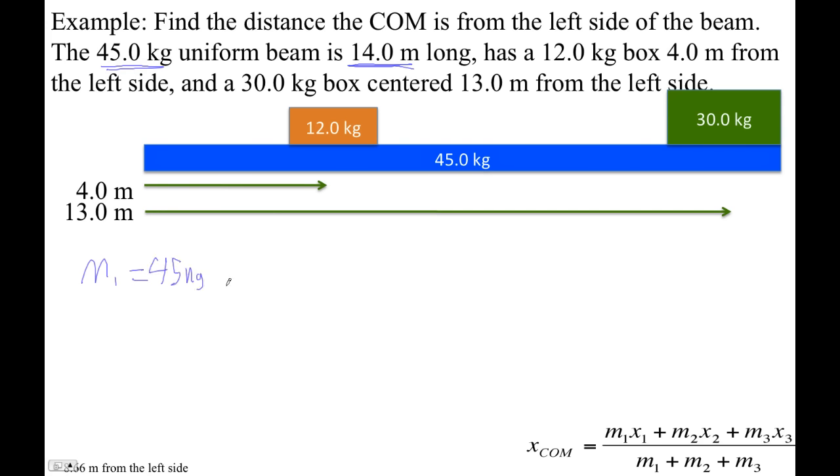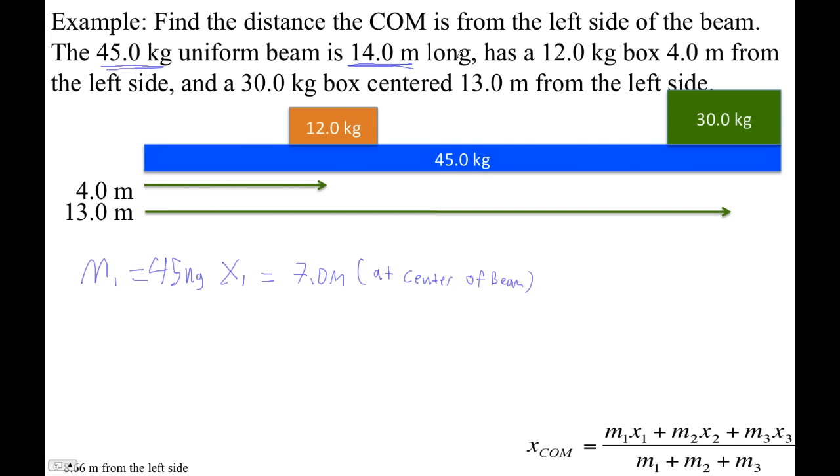We're going to use a center of mass concept to solve for the center of mass. If it's 14 meters long, where do we say the 45 kilogram beam is? Well, of course, it's going to be at its center, so x1 is going to be 7 meters, because it's at the center of the beam.